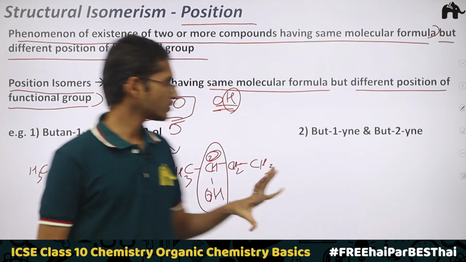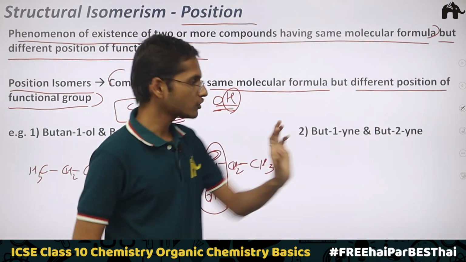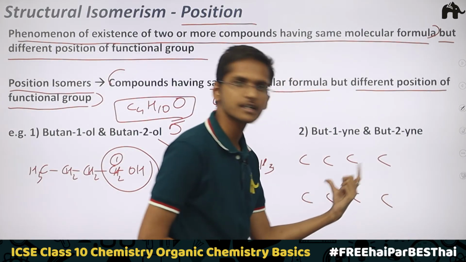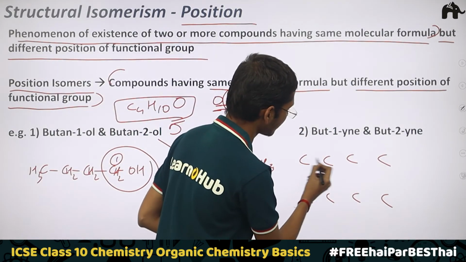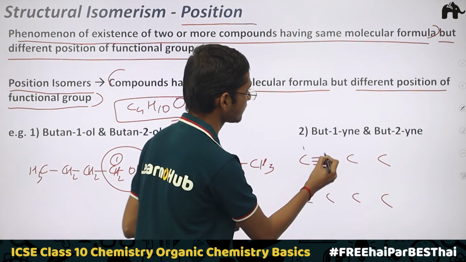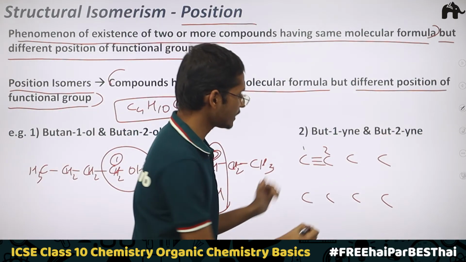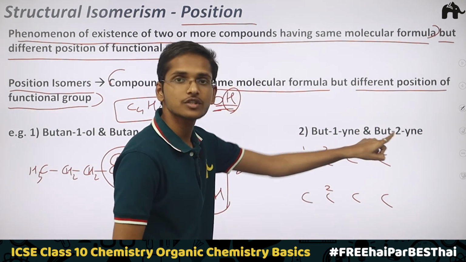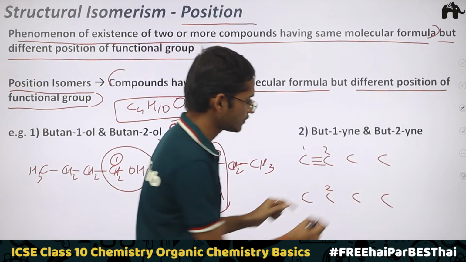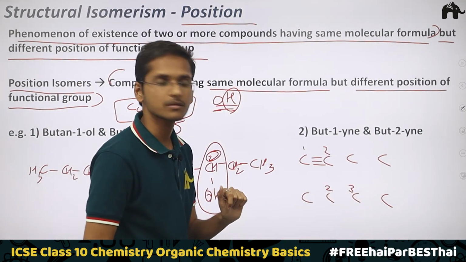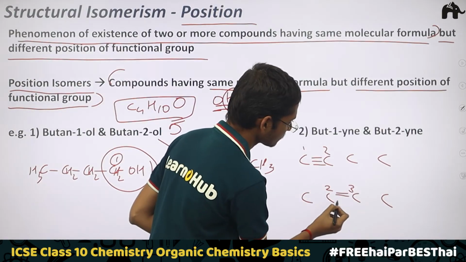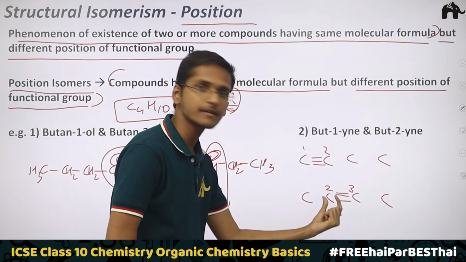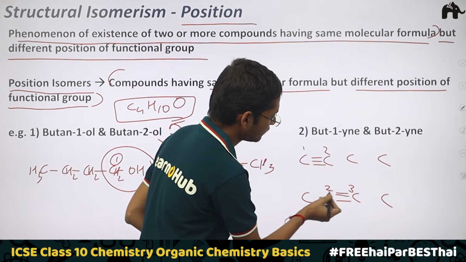In the same way, in the case of but-1-yne and but-2-yne, the carbon skeleton is 1, 2, 3, 4. In but-1-yne, between the first and second carbon there is a triple bond. Since it is but-2-yne, the lowest number is 2, which is the position, and the triple bond is between that carbon and the other carbon atom having the higher number, so between 2 and 3.